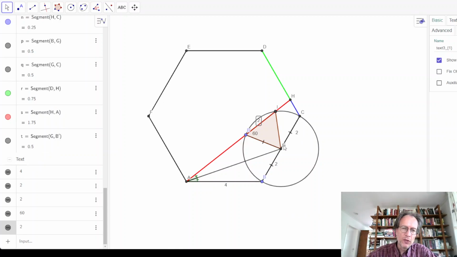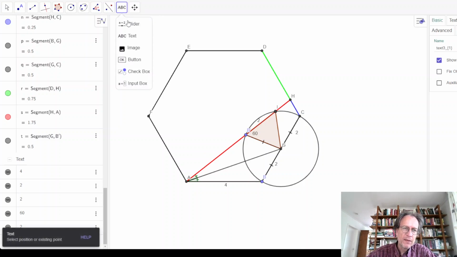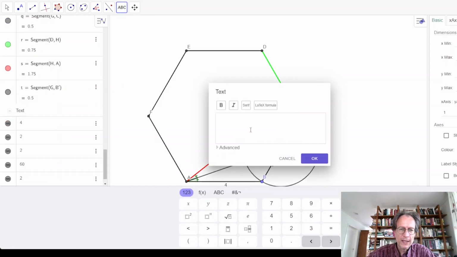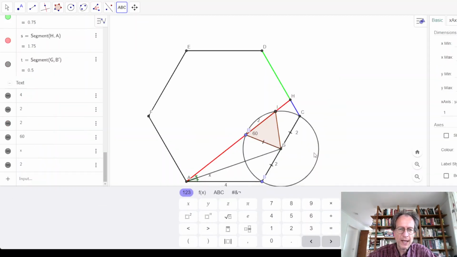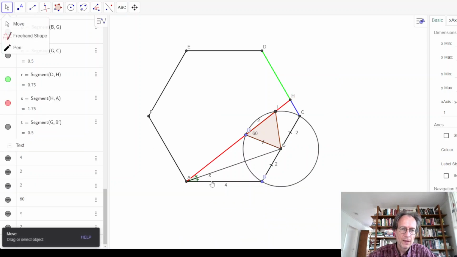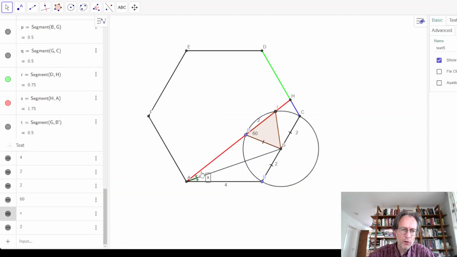Okay, let's continue. I call that equal angle x. It has measure x over here. Of course, here we have also x. And that means that here we have 120, and here we have 60 minus x.